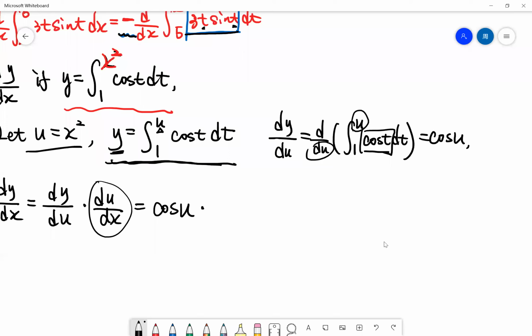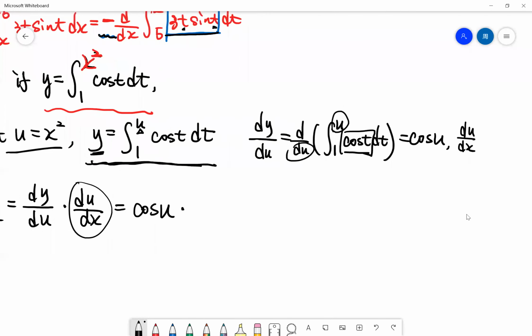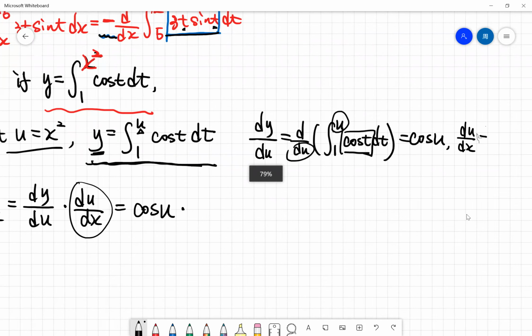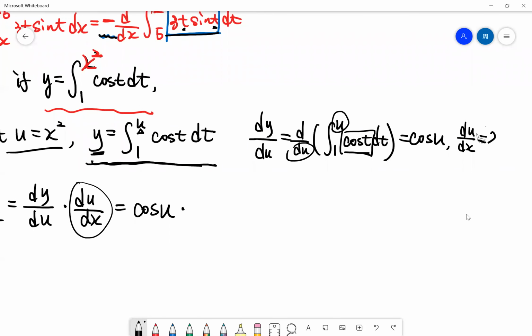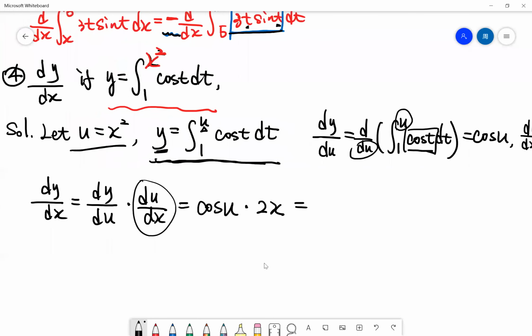So du/dx means 2x, that means the derivative of x squared, 2x. So we multiply by 2x. And the last step, we substitute u back. So that equals 2x times cosine x squared. So dy/dx should be 2x times cosine x squared.